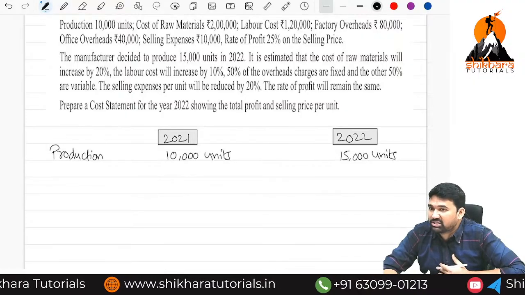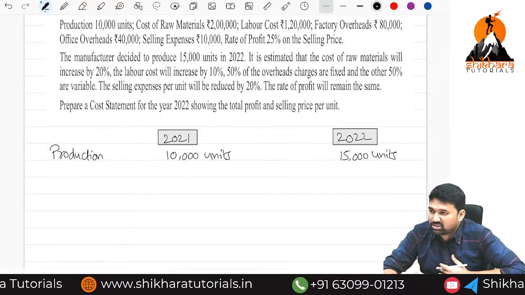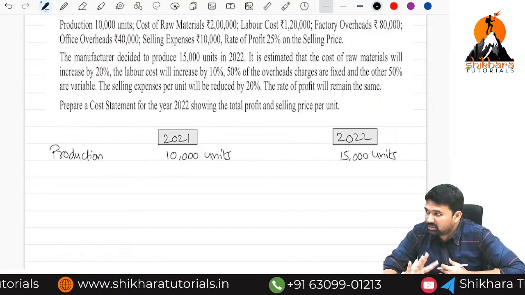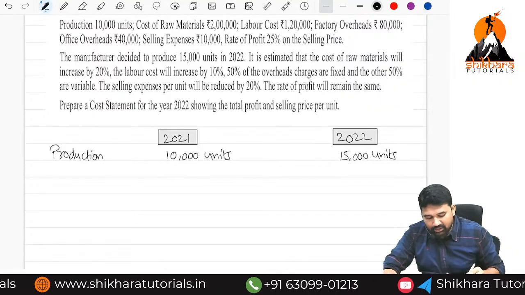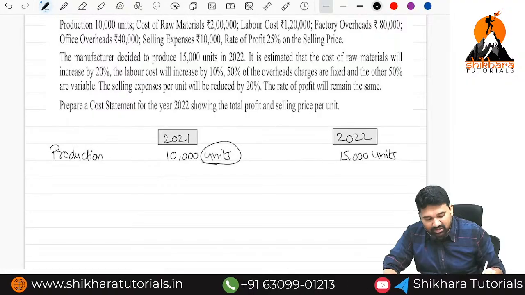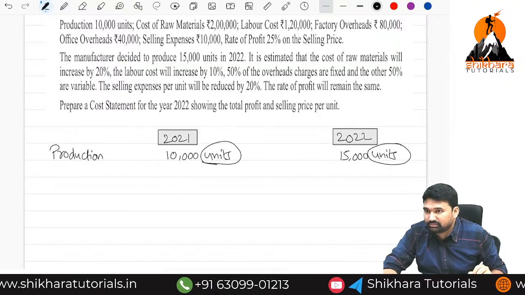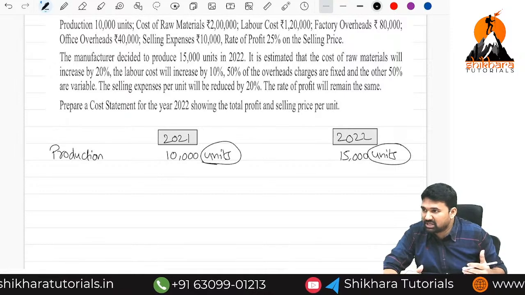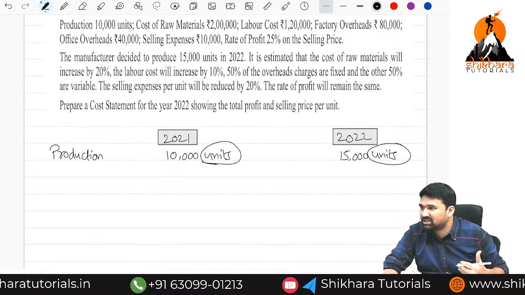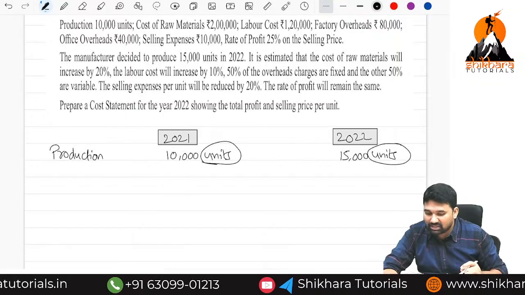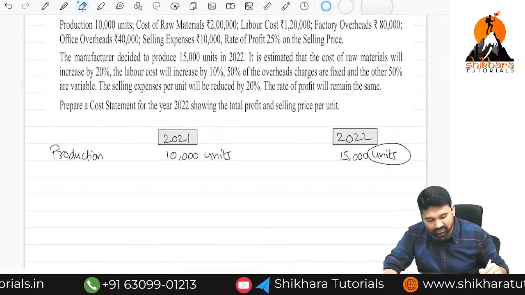Actually, in accounts as well as costing, you have to write these denominations in your exam paper. Otherwise, you will lose marks. Whether the answer is rupees, units, kgs, or tons, you need to mention it.